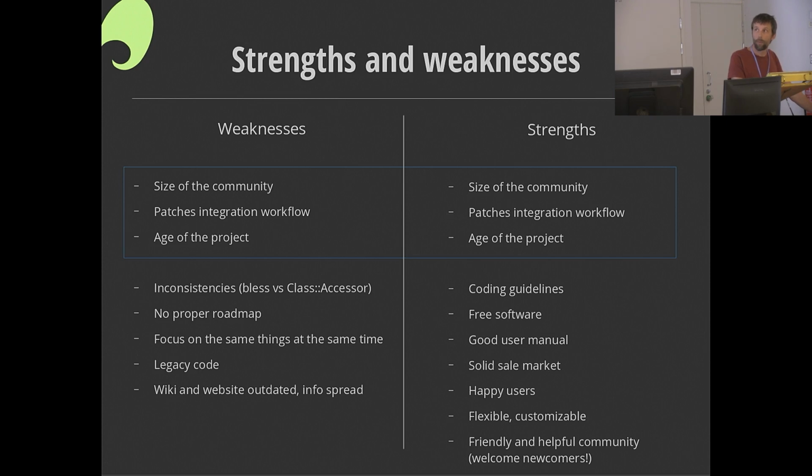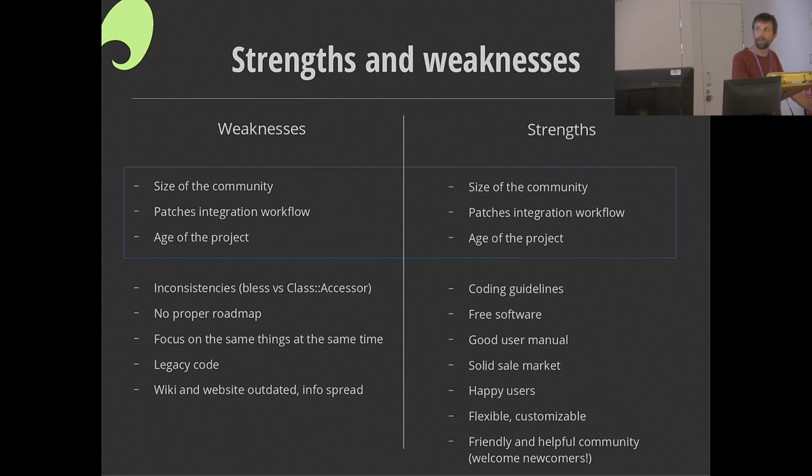Like any community, we have weaknesses, of course, but some weaknesses are also strengths. For instance, the size of the community, having 500 different contributors and different ways of coding, means that we need to enforce our integration workflow and our coding guidelines. It makes the code more robust, but at the same time, it slows things down.